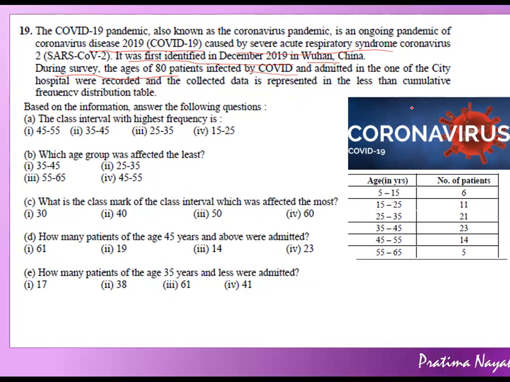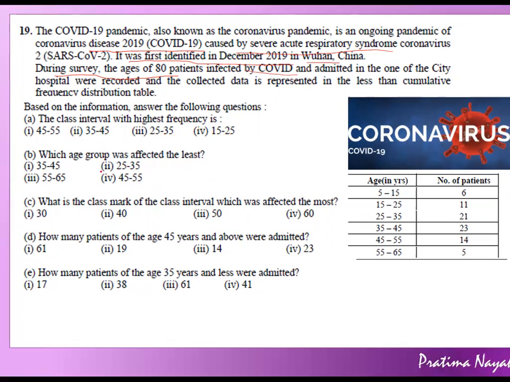Based on this information, the class interval with the highest frequency is 45 to 55, 35 to 45, 25 to 35, or 55 to 65. What age group was infected the least?